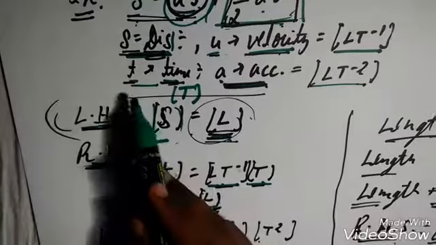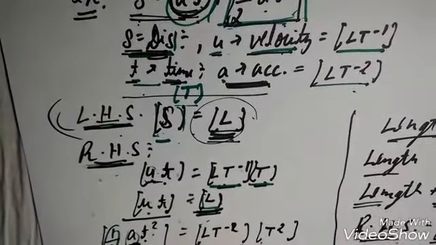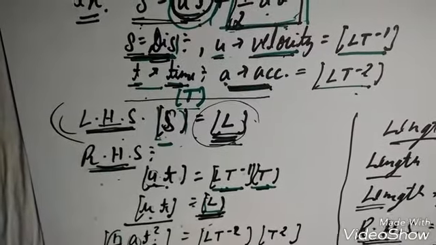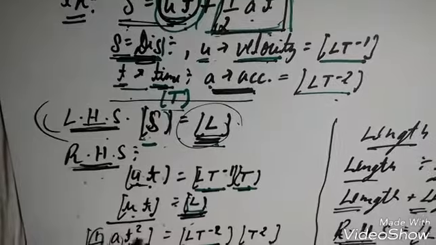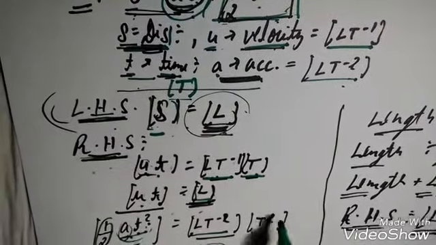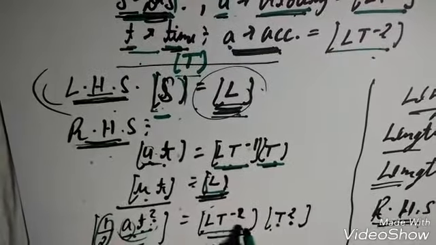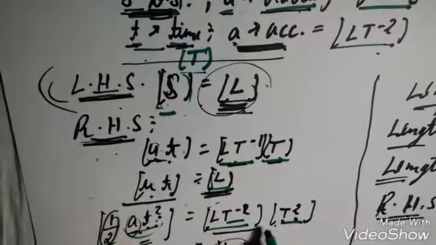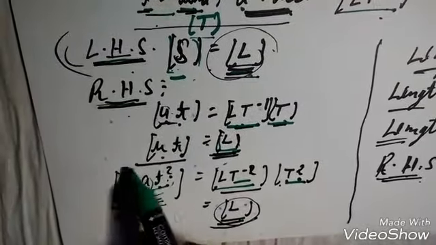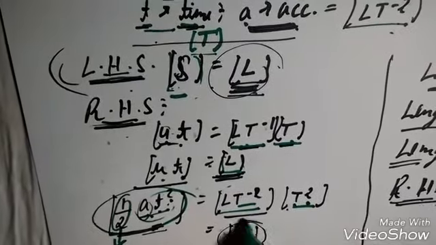Small t has a dimensional formula of capital T. If these two dimensions are kept in the given term at square, then as it is t square, capital T is multiplied twice in its dimensions. Then the resulting expression T minus 2 and T plus 2 will cancel out, and the resulting dimension of this expression is L.